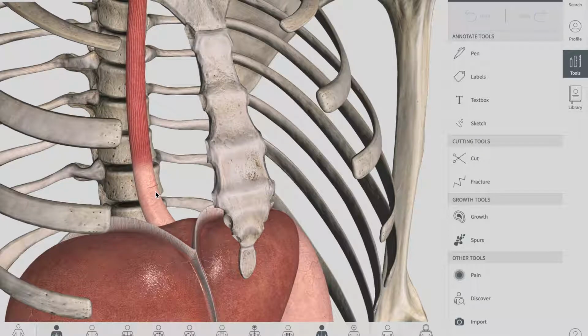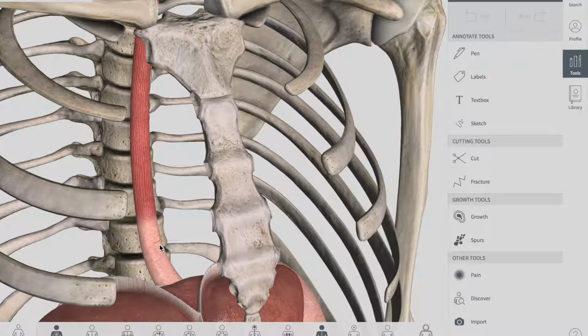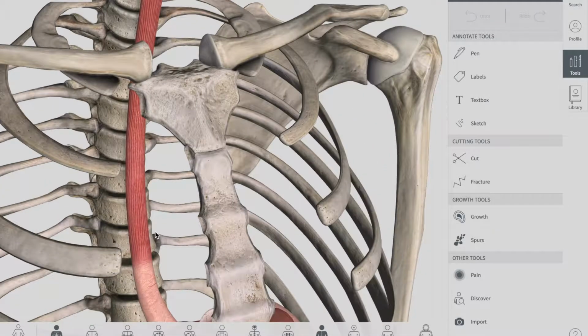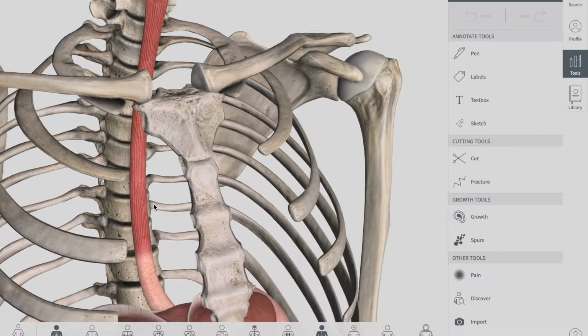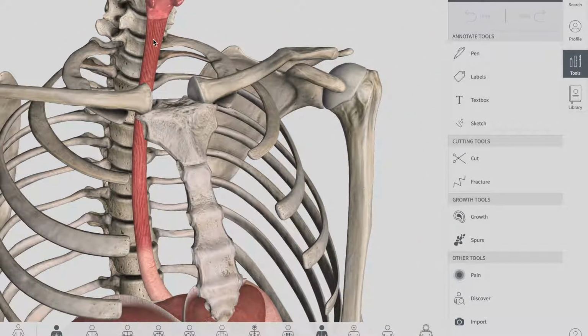The external longitudinal layer is composed of different muscle types in each third of your esophagus, which means we have divided our esophagus into three parts according to the external muscles.